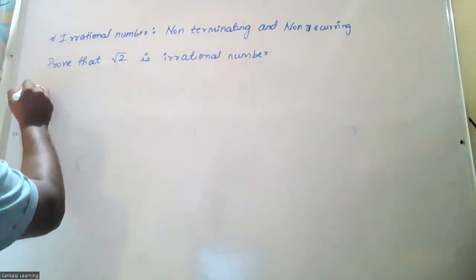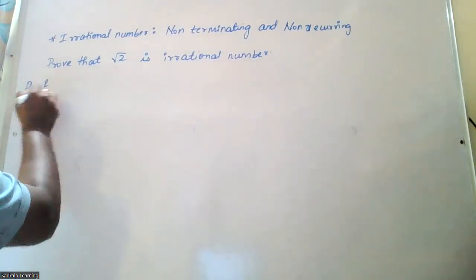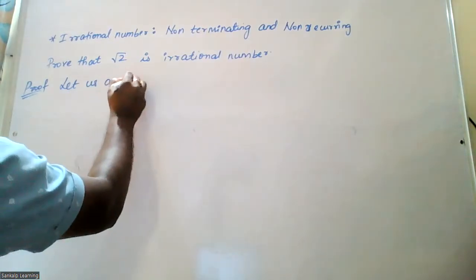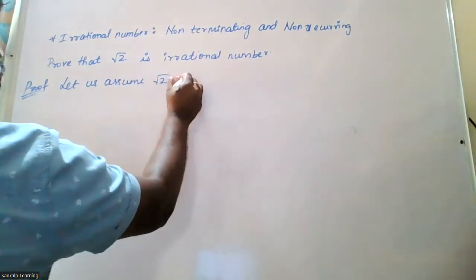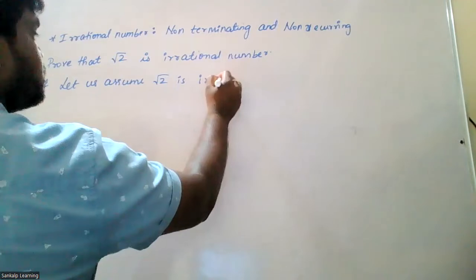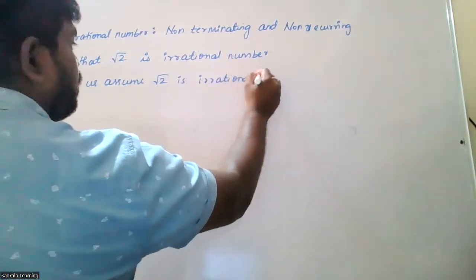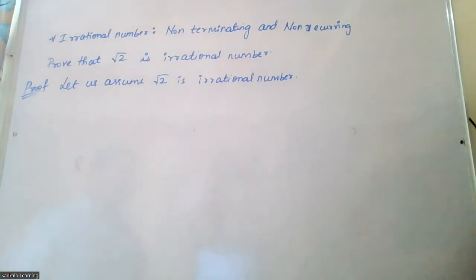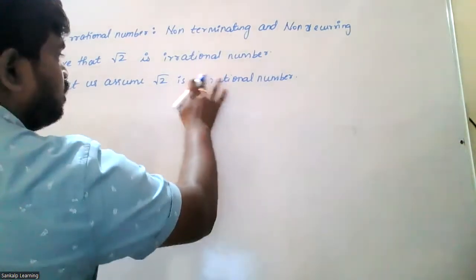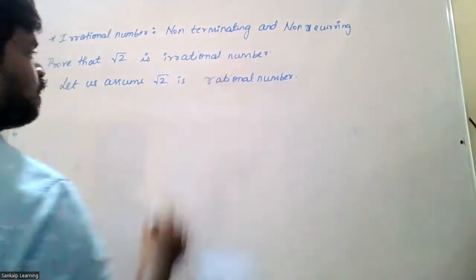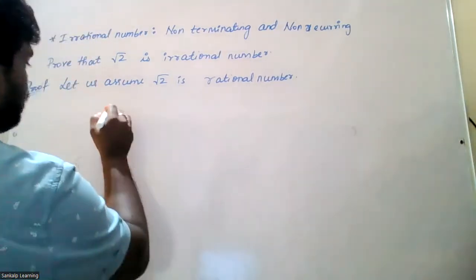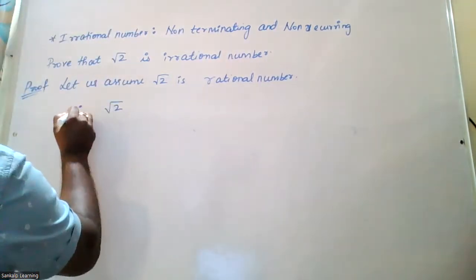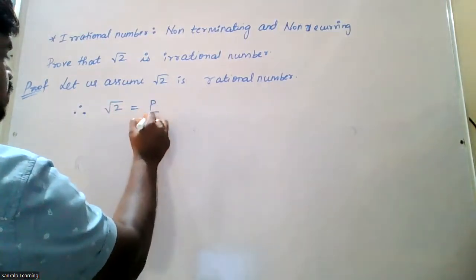Let us assume, coming to the proof, root 2 is... sorry, it is a rational number. If it is a rational number, every rational number can be written in the form p by q, isn't it? Therefore, root 2 can also be written as p by q.